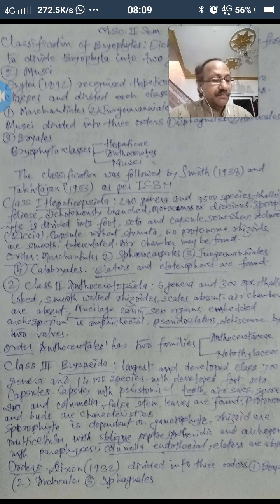No protonema or protonemal branch is found. Rhizoids are smooth or tuberculated, and both kinds are found here. Air chambers may be found. Some are reduced, some are highly developed.